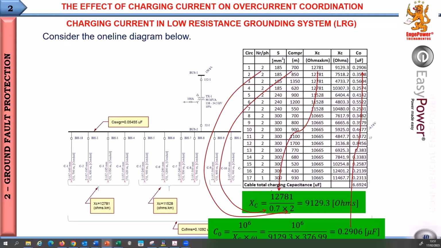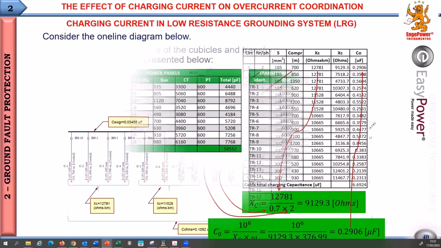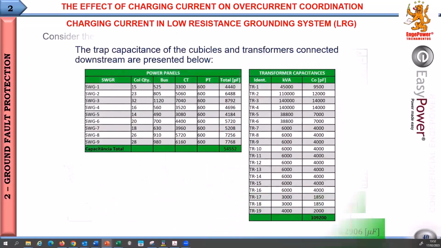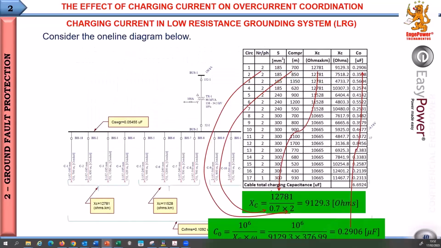Okay. Since this is a spreadsheet, you copy the formula for the other cells, and you have the summation of the charging capacitance for this level of voltage. Here we have the transformer capacitance and also the switchgear capacitance.